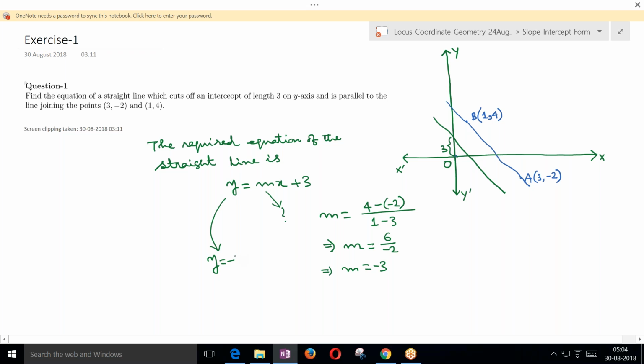So y equal to minus 3x plus 3. From there we get the equation as 3x plus y minus 3 equal to 0. That is the required equation of the straight line.